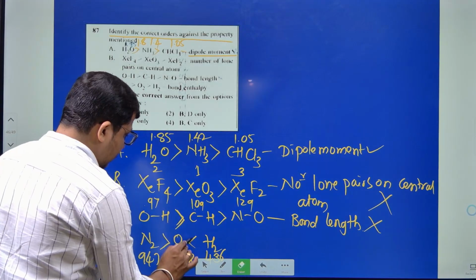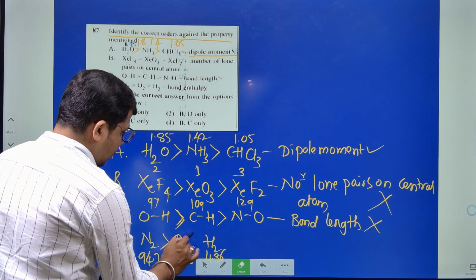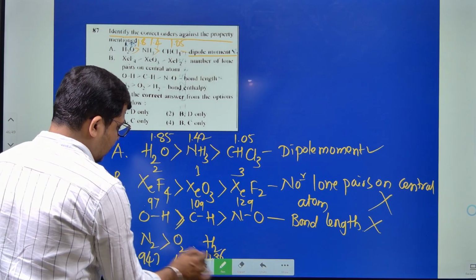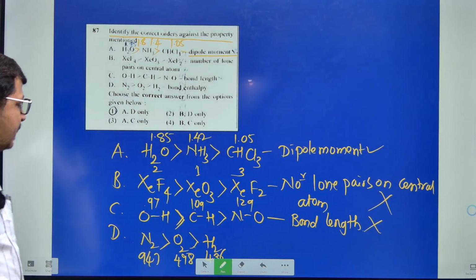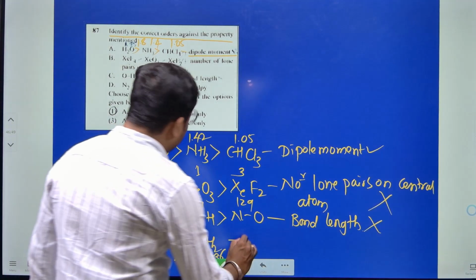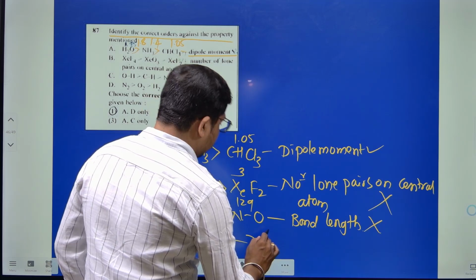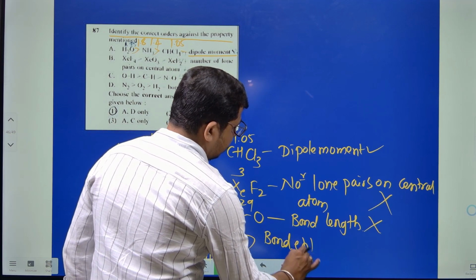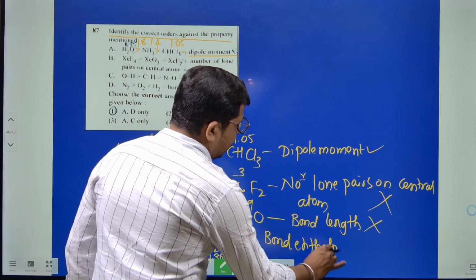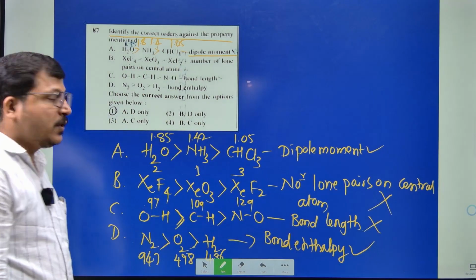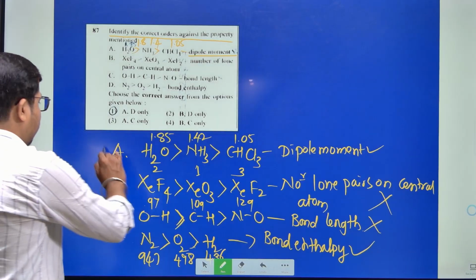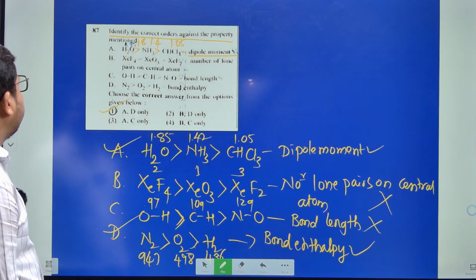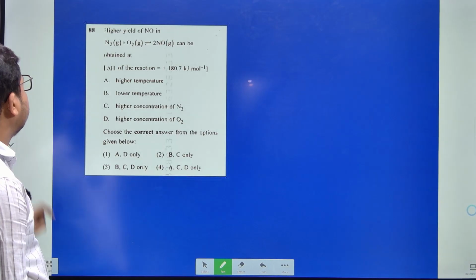Yes, sorry, this one is following the order. This is bond enthalpy or bond energy. Therefore, the fourth one follows the order. Hence, option A and option D are right. Therefore, option number 1 is the right answer for the 87th question.